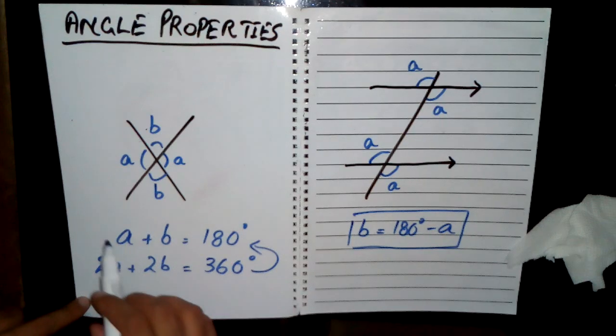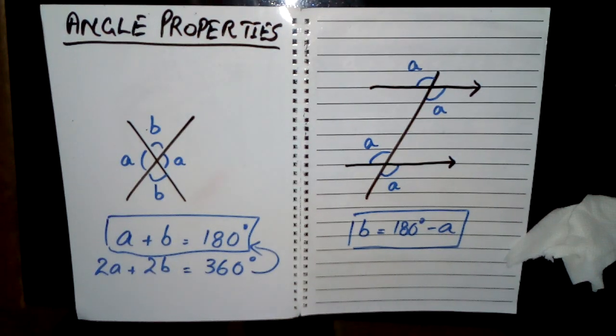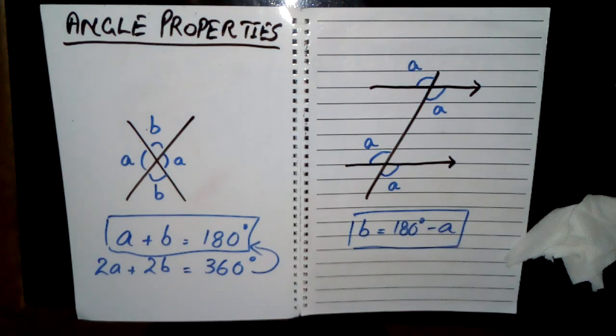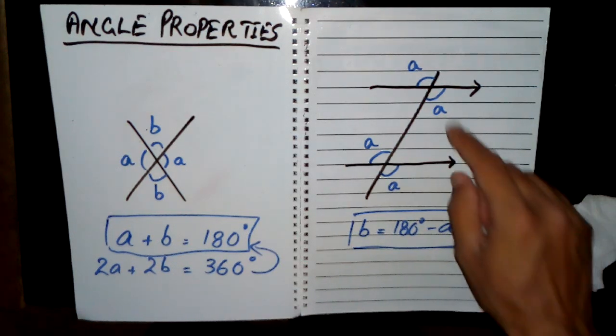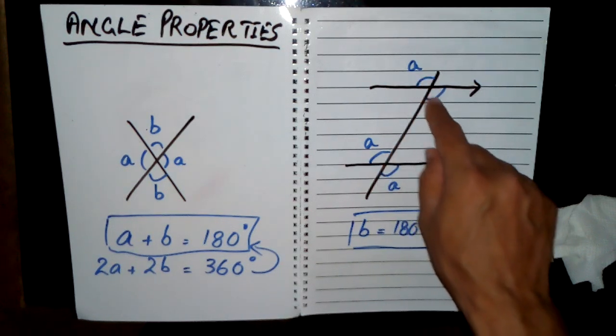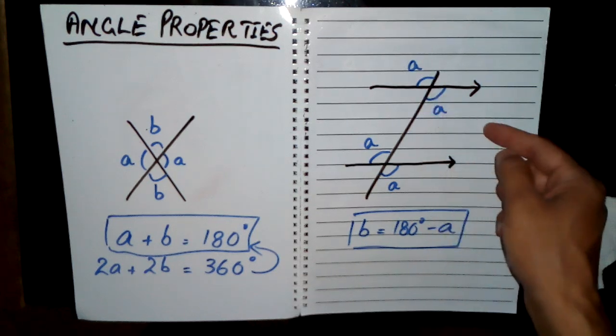That means if one angle on a straight line is known, the second angle can also be known by subtracting it from 180 degrees. Okay, so for suppose now in this diagram we have two parallel lines. At this point these two angles must be the same because these are two intersecting lines.